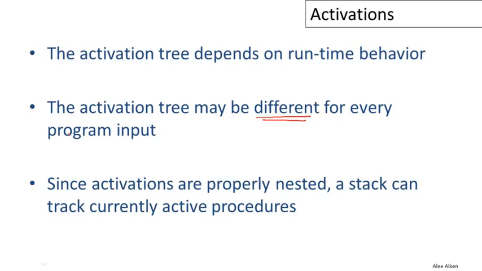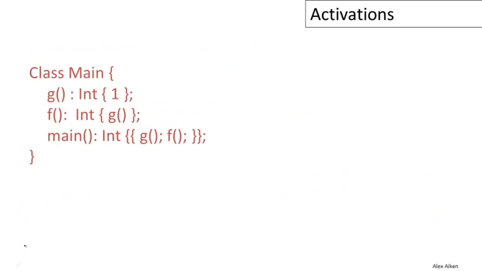And finally, here's perhaps the first important point from an implementation point of view. Since activations are properly nested, we can use a stack to implement or to track the currently active activations. So let's see how we can use a stack to track activations. We'll use one of the examples that we looked at before.